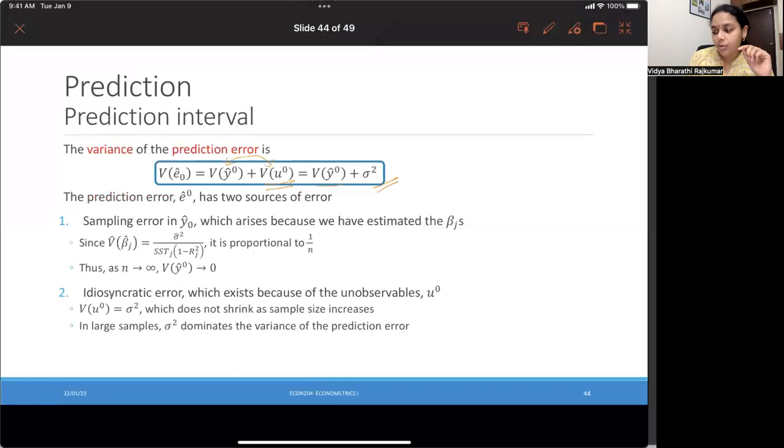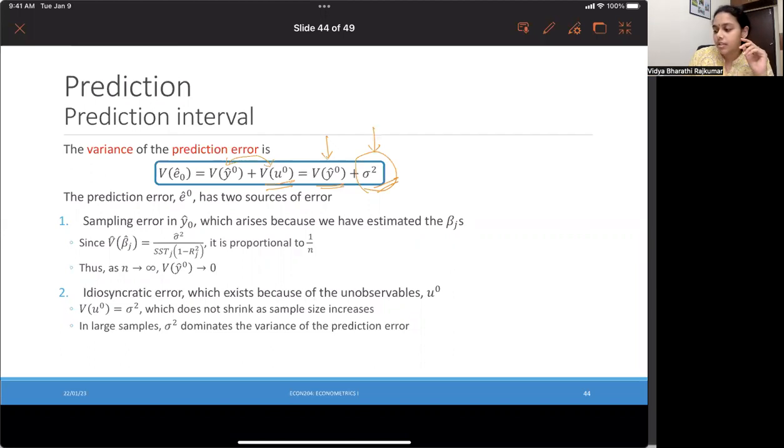We can find out variance of y naught hat from our regression. But sigma square is a population entity, and so we need to estimate that from a sample counterpart. So just a quick couple of things before we move further. The prediction error now has two sources of error. One comes from the variation in the predicted y value itself, and another from the variation in the error.